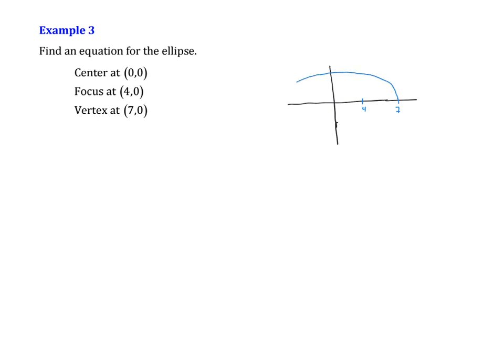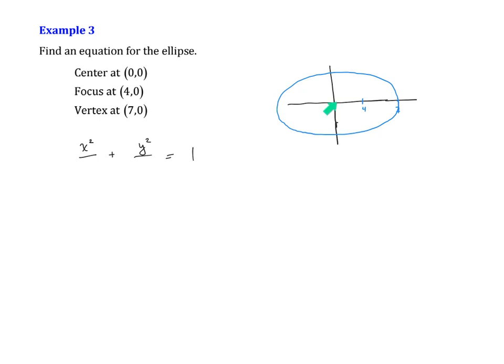So this means that our ellipse is going to be oriented so that the major axis is horizontal. So this means that we have x squared over something plus y squared over something. That's going to equal 1.